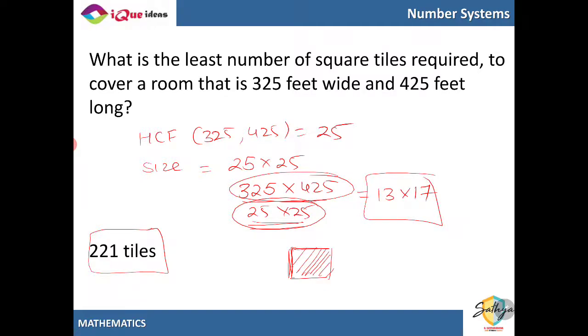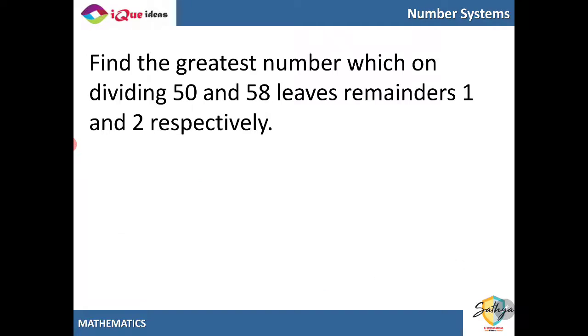Chalo. Now, find the greatest number which on dividing 50 and 58 leaves remainders 1 and 2 respectively. So when 50 is divided by the number, it leaves the remainder 1. That means 50 is one excess of the multiple. So the exact number which is divided is 50 minus 1, that is 49. Similarly, when 58 is divided, 2 is excess.